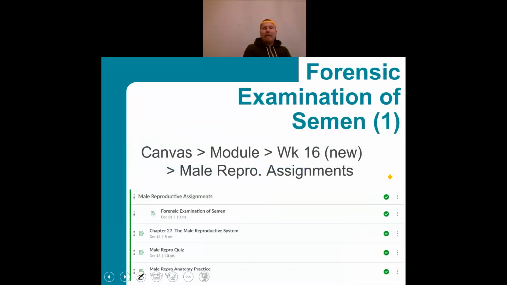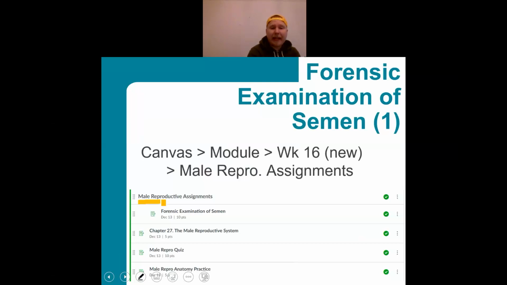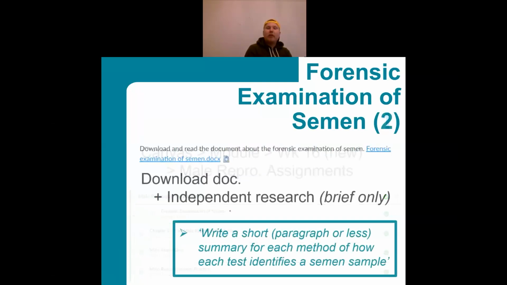For the first lab that we're doing this week, which is the forensic examination of the semen, you will find that lab underneath the male reproductive assignments module. Look for the activity labeled forensic examination of the semen, and I'm asking you to click on the document that I have uploaded there.